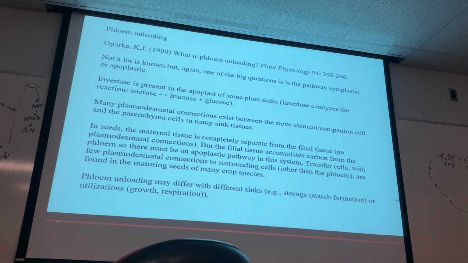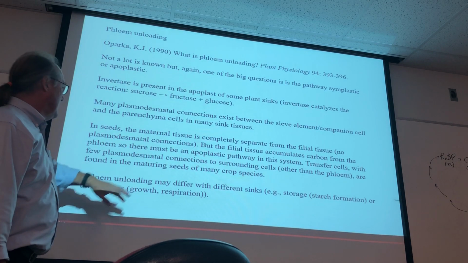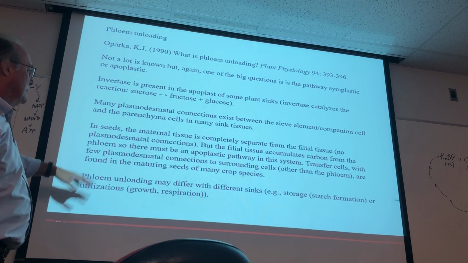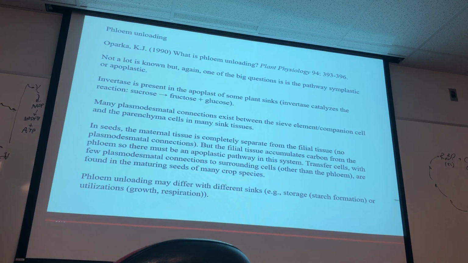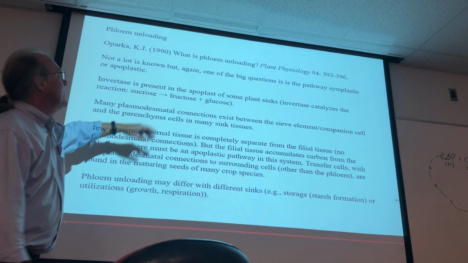That means there must be an apoplastic step somehow in that tissue. Okay, well, you can read this. It may be, and it probably is true, that this phloem unloading process varies with different tissues and different plants, just like phloem loading does. But really not much is known about it.